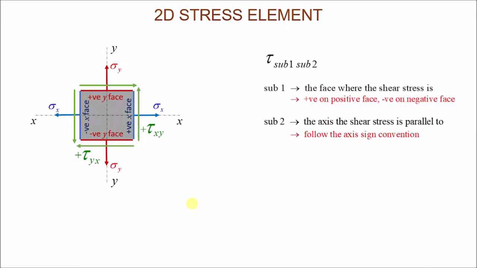When you're dealing with a 2D stress element, it's either you will have an arrangement of the shear stress in such a way that it is positive on all faces, or you will have an arrangement of the shear stress in such a way that it is negative on all faces, okay? You cannot have a mixture of positive shear stresses and negative shear stresses on the same stress element. It's either the shear stress is negative on all faces or it is positive on all faces.